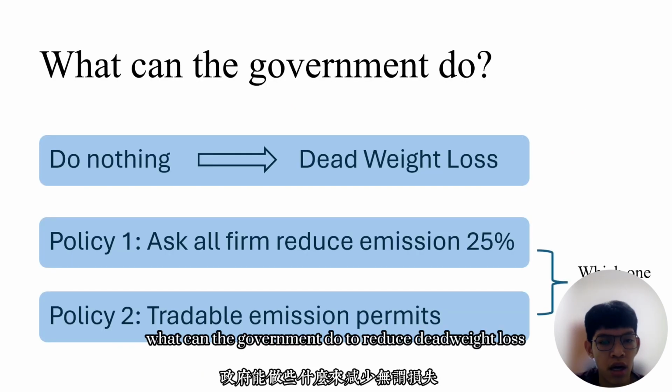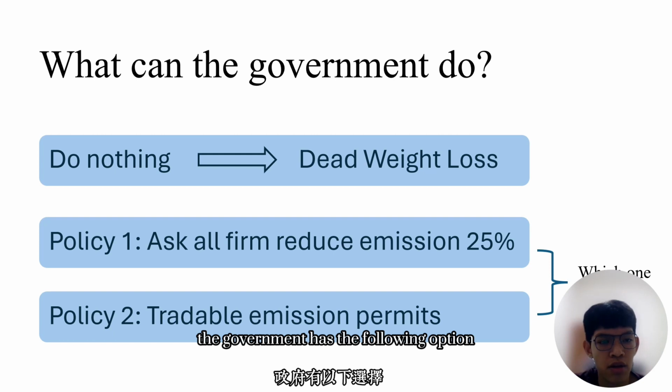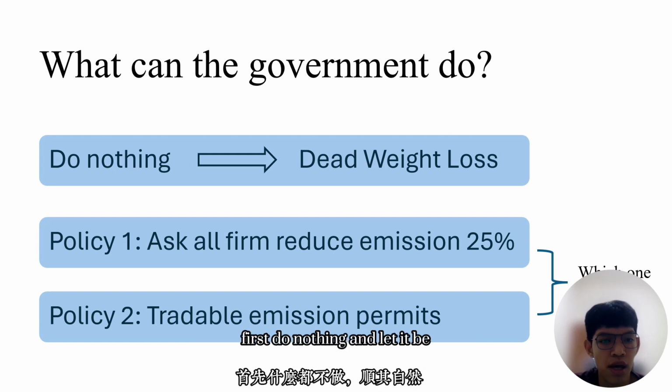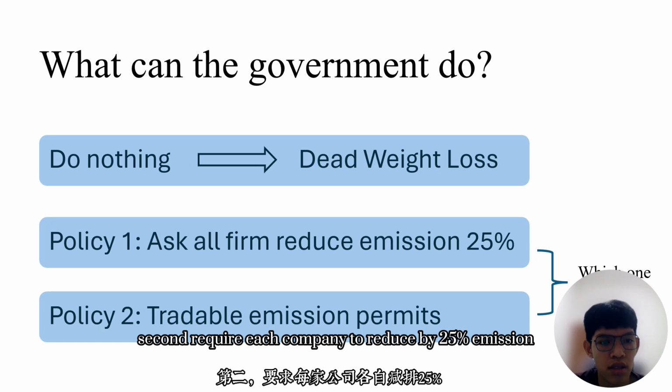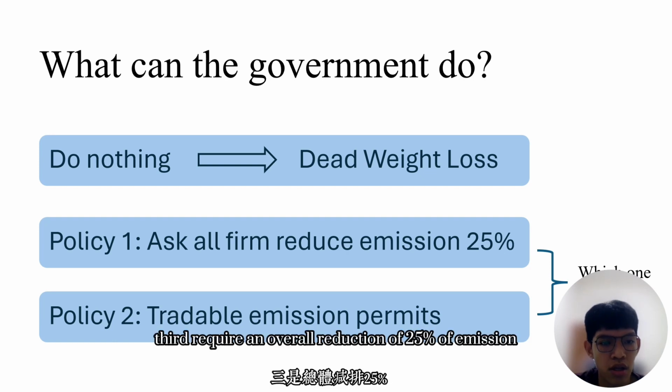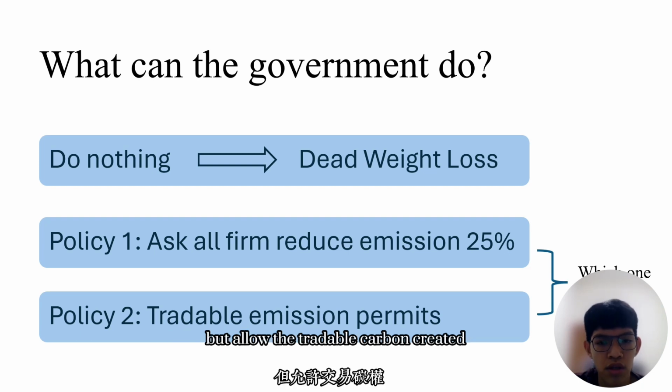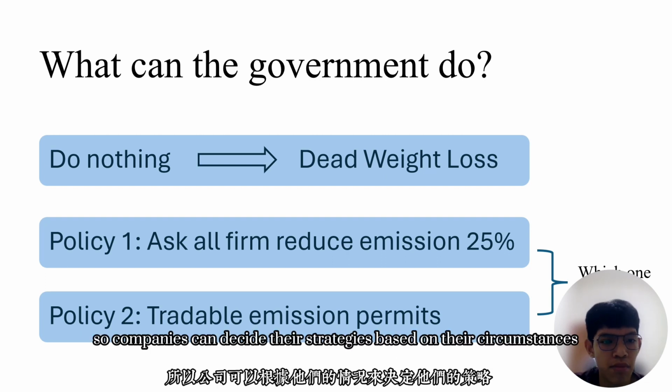What can the government do to reduce deadweight loss? The government has the following options. First, do nothing and let it be. Second, require each company to reduce emission by 25%. Third, require an overall reduction of 25% of emission, but allow tradable carbon credits so companies can decide their strategies based on their circumstances.